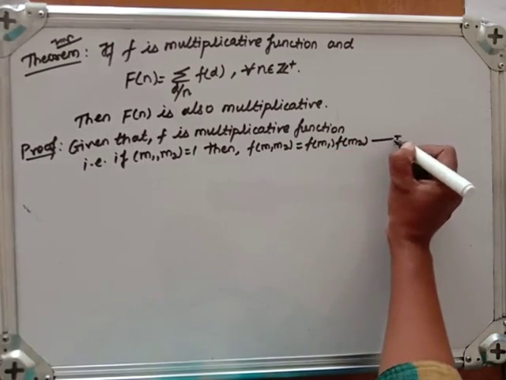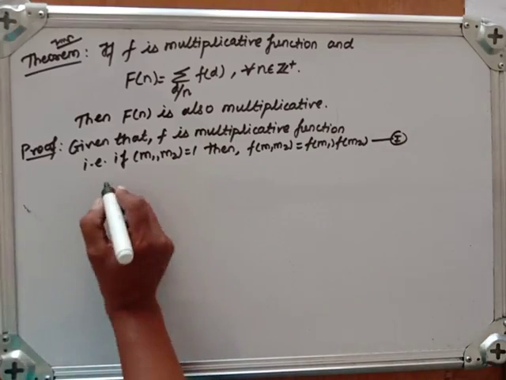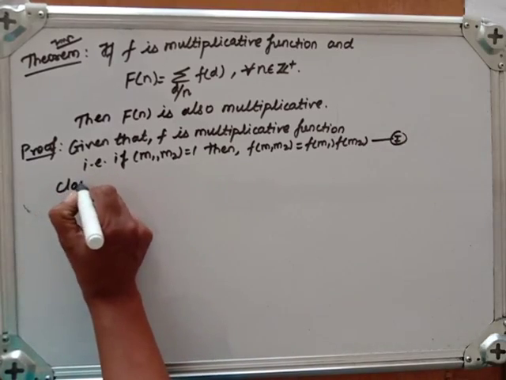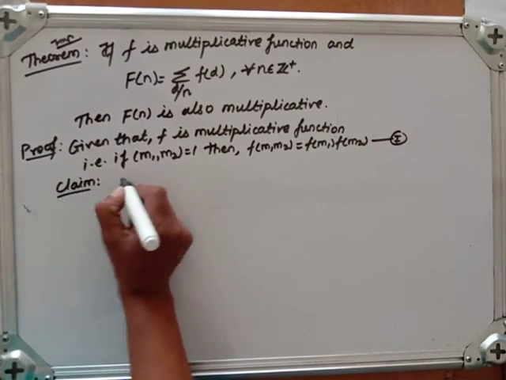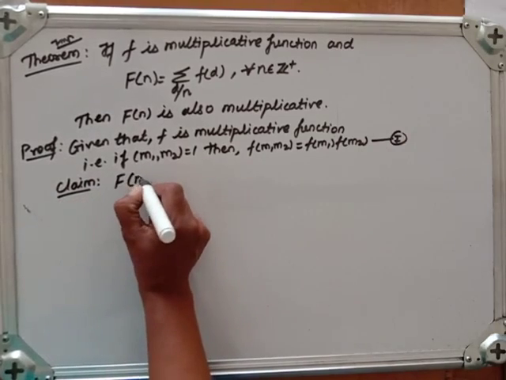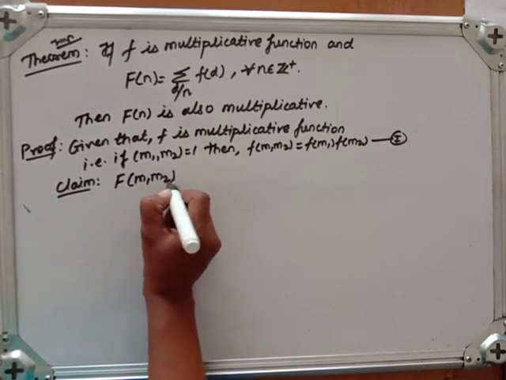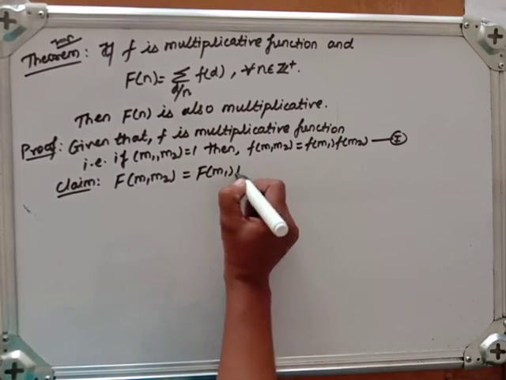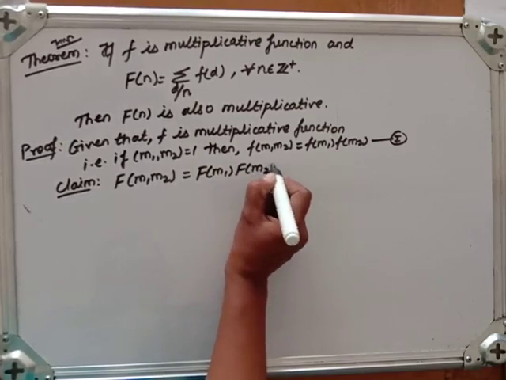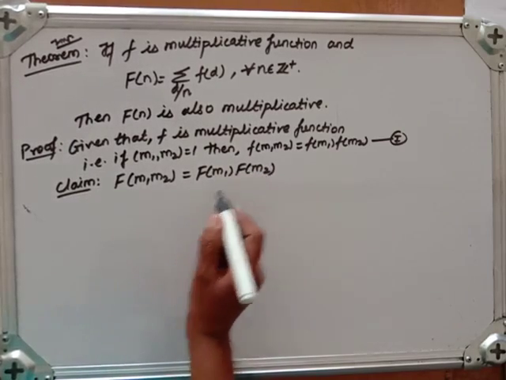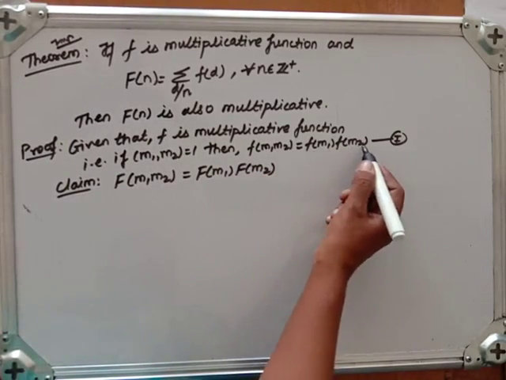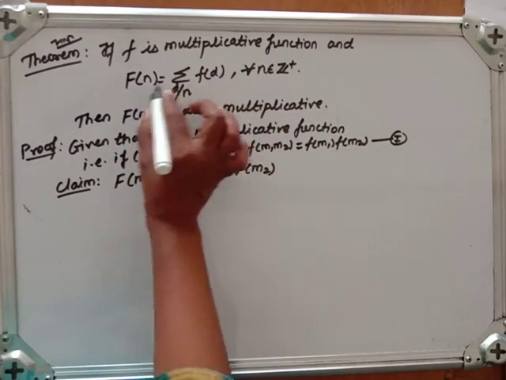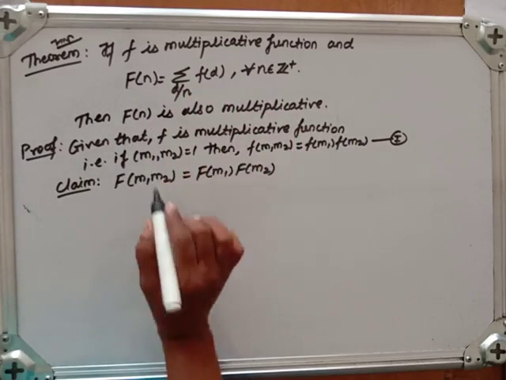Call it equation number 1. Now, what is our claim? Capital F of m1 m2 will be capital F of m1 into capital F of m2. That thing we have to show. For small f it is given to us, and the relation between capital F and small f is given to us. Fine.